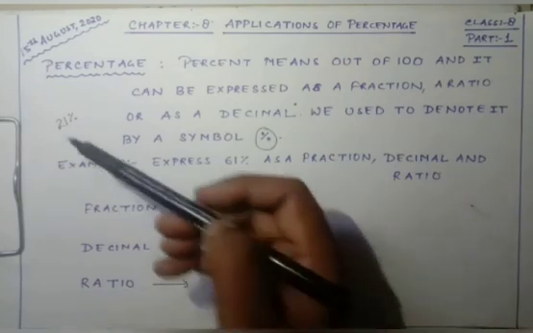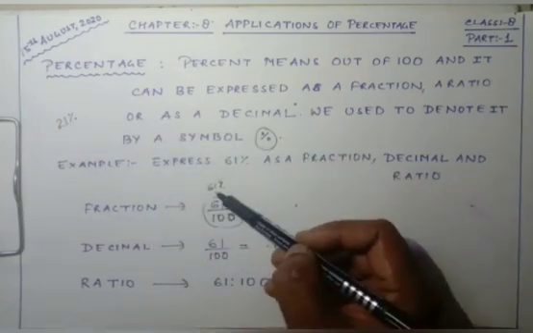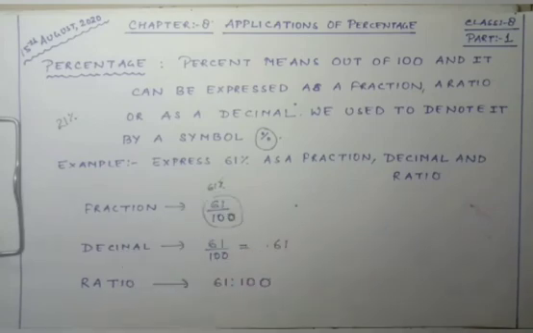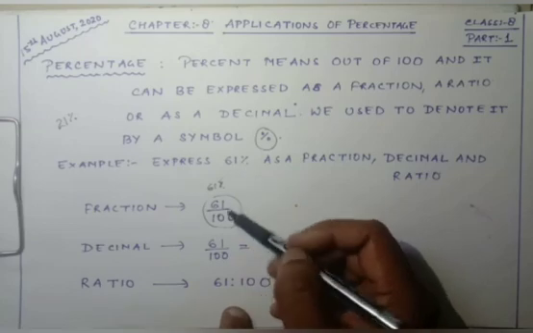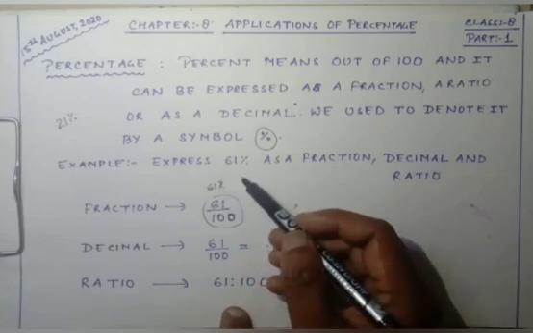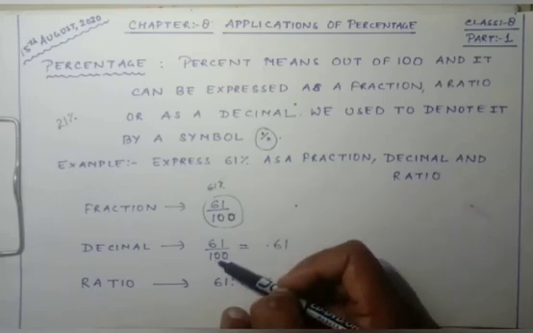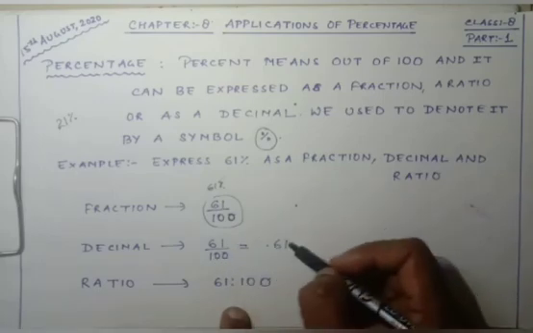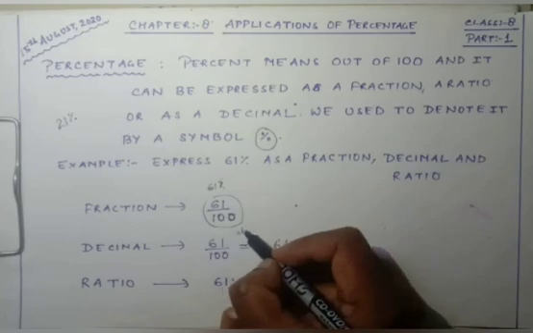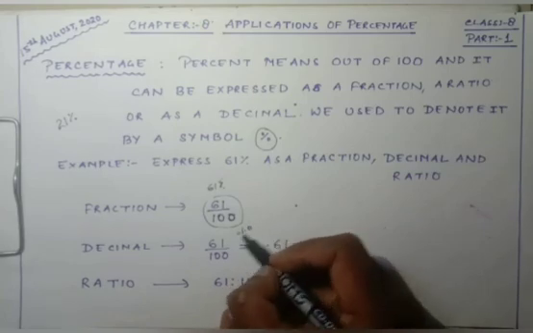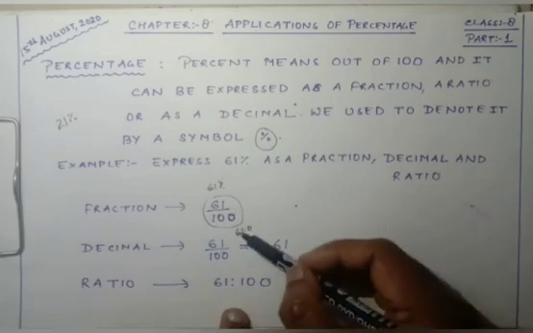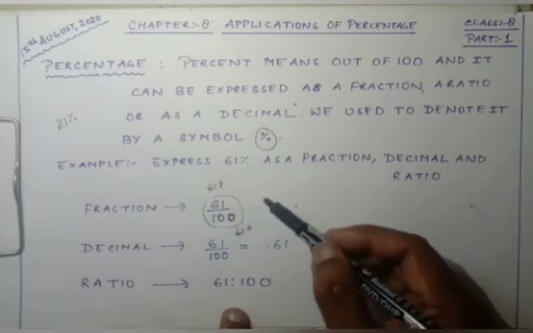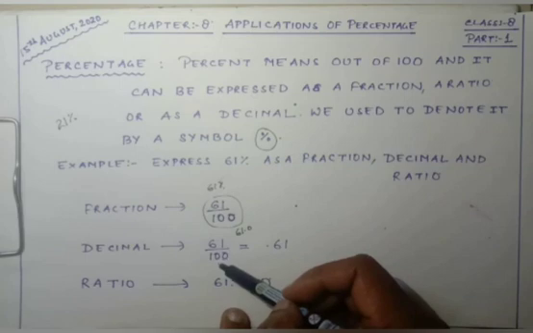Now if I have to express 61% in the form of a decimal, first of all I am going to remove the percent sign. When I remove the percent sign, I am going to add 100 in the denominator place. Now it can be written as 61.0. When I remove the percent sign, I add 100 over here.